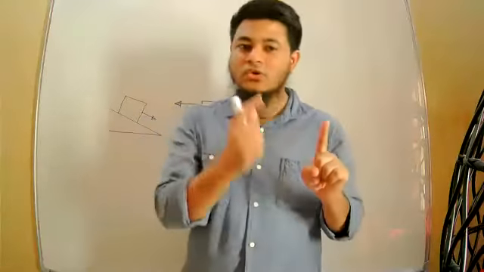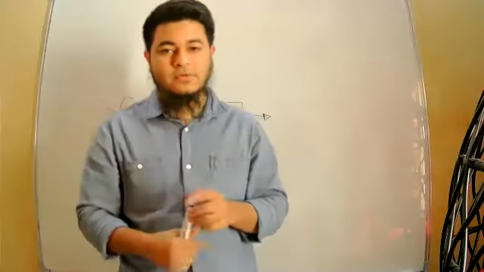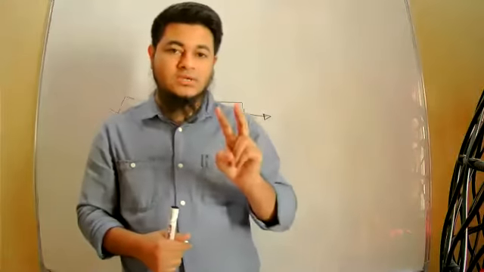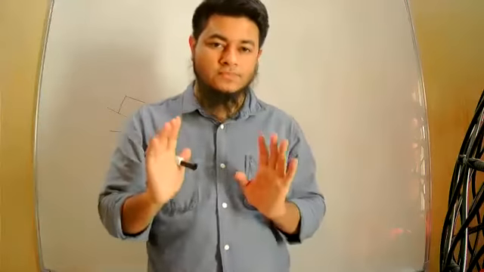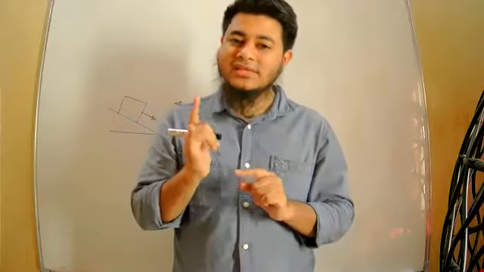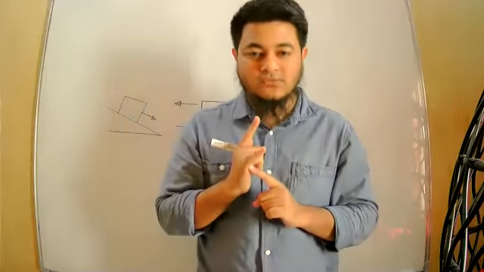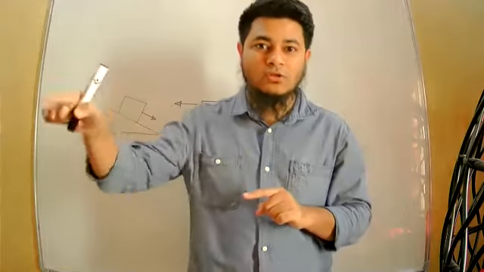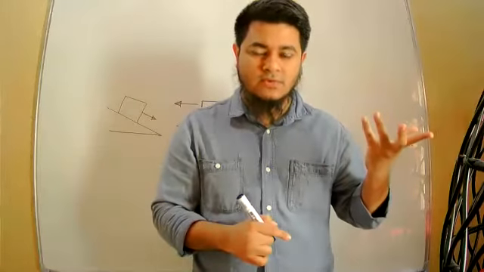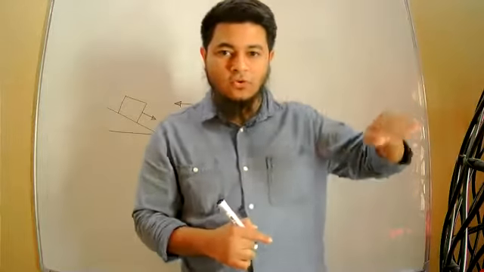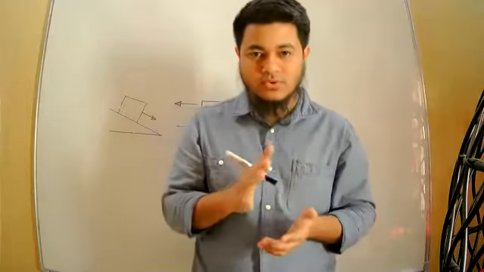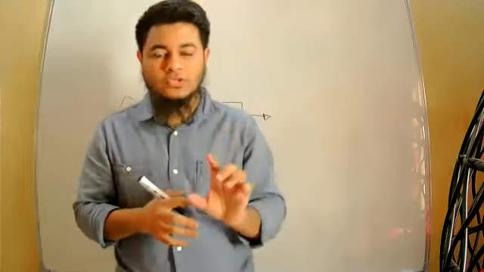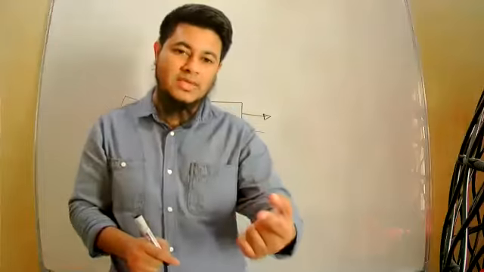But fluid does not only include liquid, it includes gas also. Please remember this from today. The definition of fluid is anything that can flow. Liquid can flow, so this is a fluid. Gas can also flow, like air, so air is also a fluid. Remember this: fluid includes not only liquid but also gas.